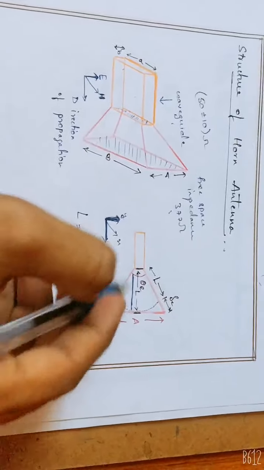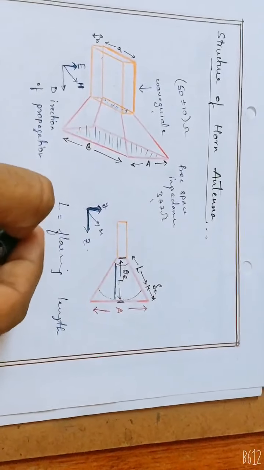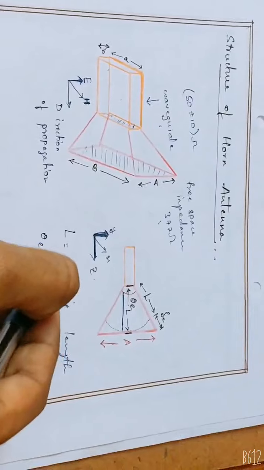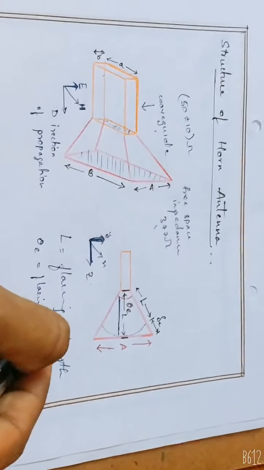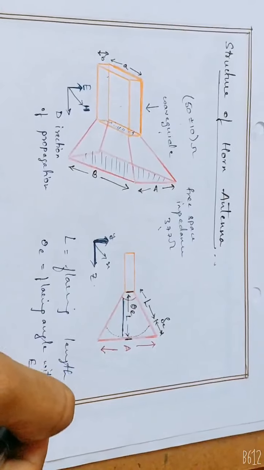So here the cross-section is with respect to the electric field, so this angle theta is the flaring angle with the E plane.